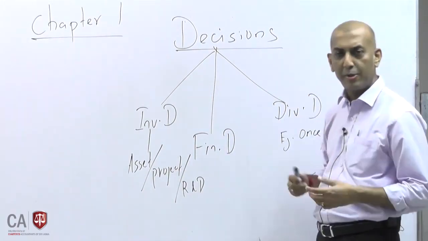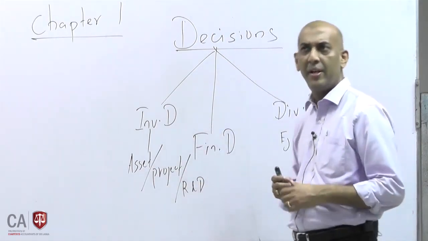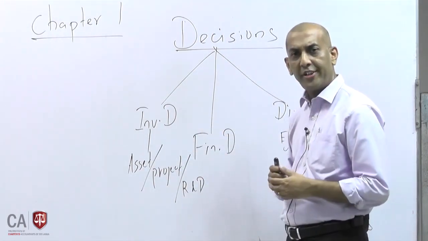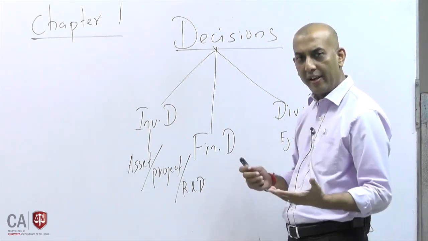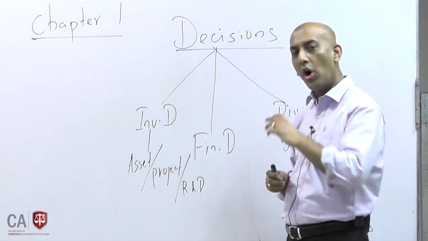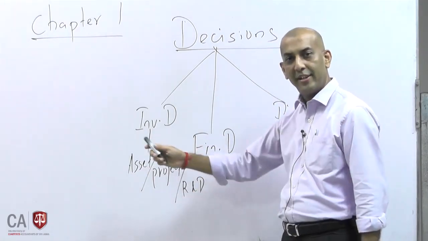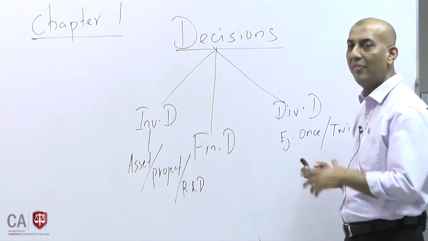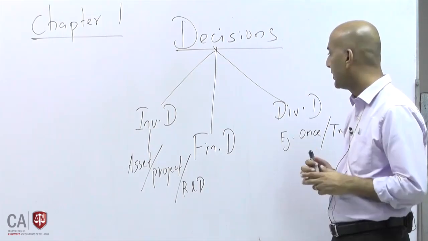When you say asset, the asset can be anything starting from a laptop, furniture, vehicles, land and buildings, a factory and a company. All these investments fall into investment decision. So the investment decision is all about whether to invest or not invest.